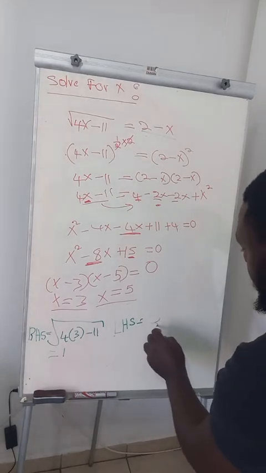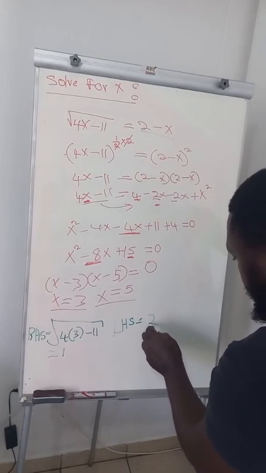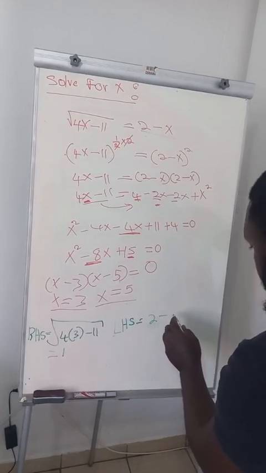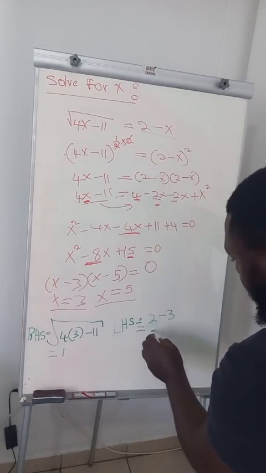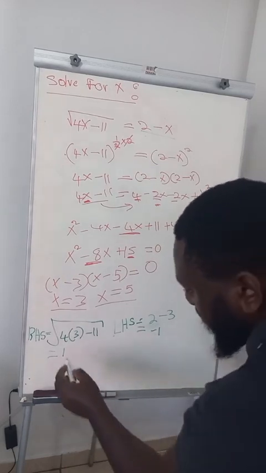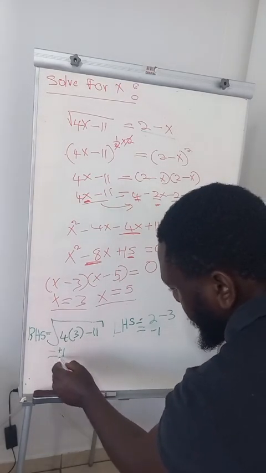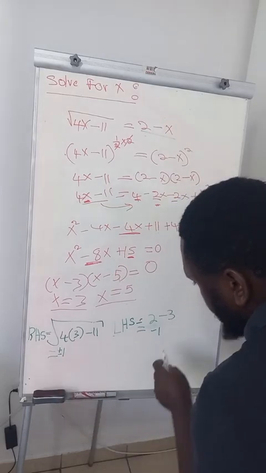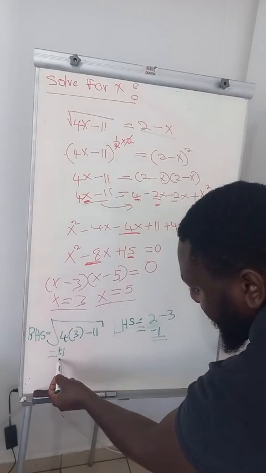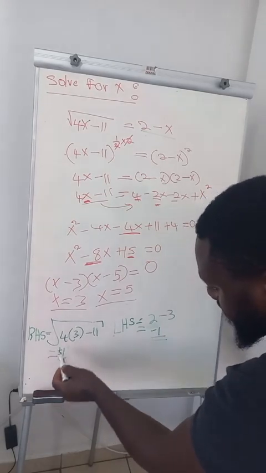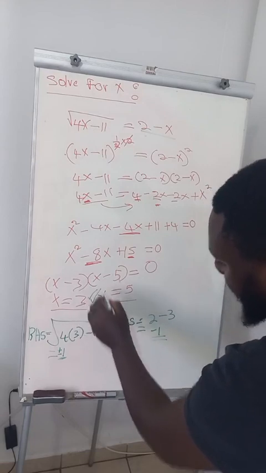So we'll say 2 minus 3. Do you see that you get a negative 1? And then, sorry, because this is a square root, we get a plus or a minus. So here you got a negative 1, here also a negative 1 is there because of this square root. So it means this 3 is part and parcel of your answer.